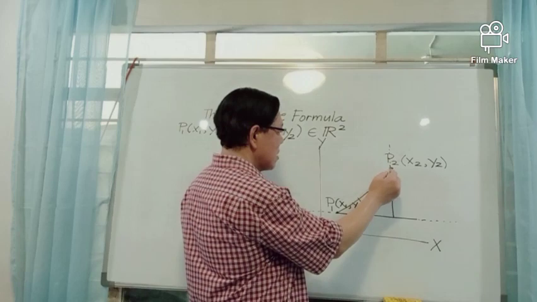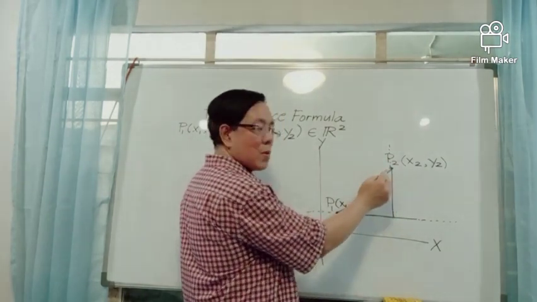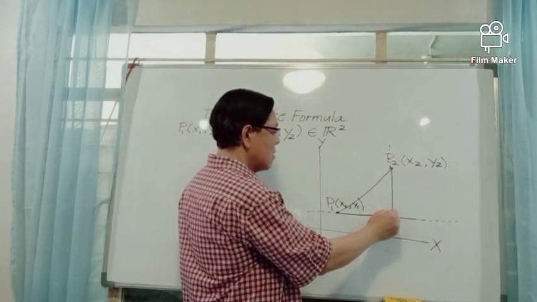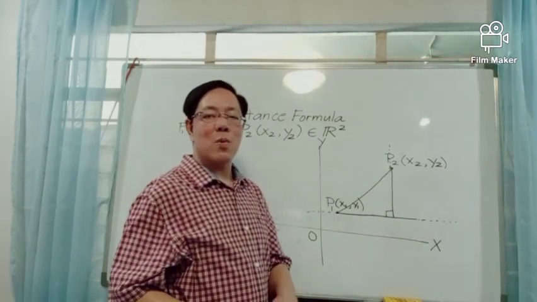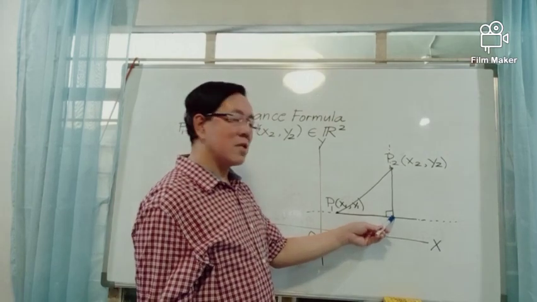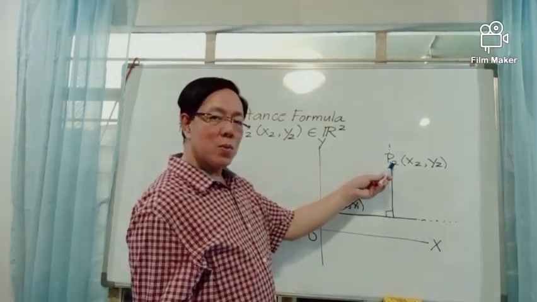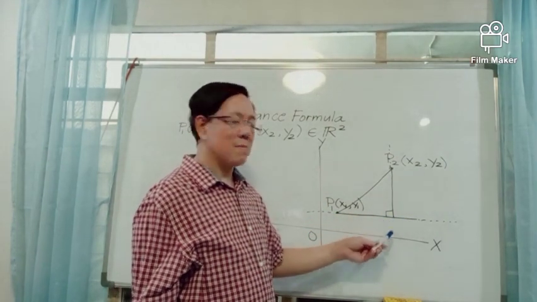So at the intersection of this vertical line through P2 and the horizontal line through P1 is a right angle, which we denote by a small square, which indicates that the angle at this point of intersection of the line through P2 and the line through P1 is a right angle.